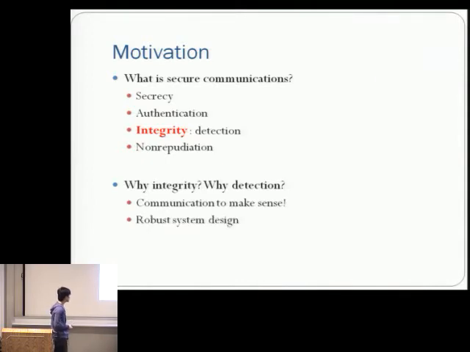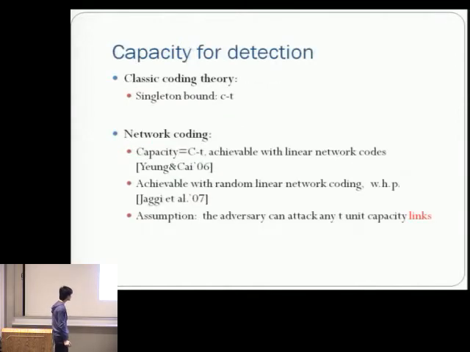And of course, detection enables us to design a robust system to tolerate failures in the system or attacks from outsiders. Okay, if we consider the capacity of detection in a network, we first look at what we know in classical coding theory.